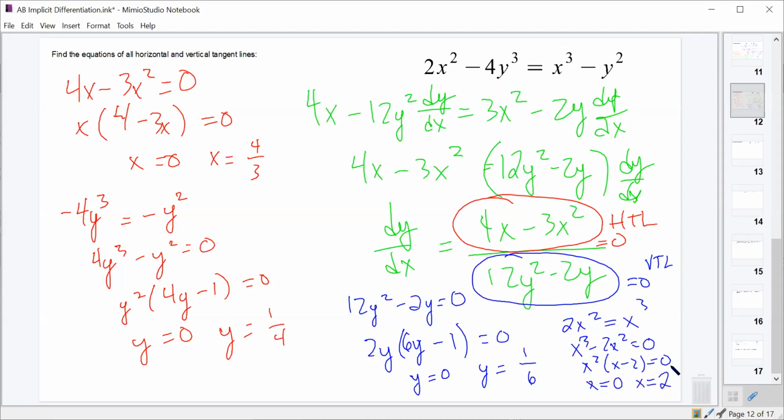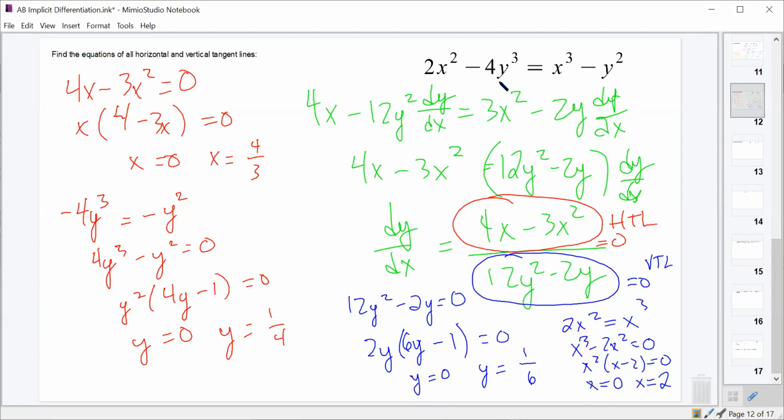So one of the points that we're talking about here is the point where x equals 0, y equals 0. True? Right. And if we plug in x equals 0 and y equals 0, we get 0 equals 0. True. So there should be a point on our graph at x equals 0, y equals 0.